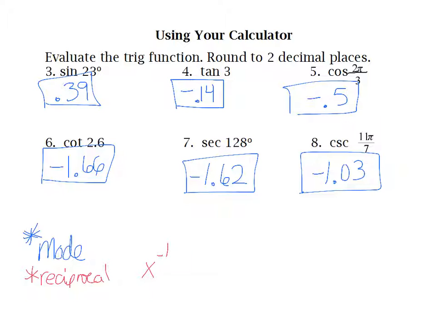On number 7, I had to switch back to degree mode, and then I did cosine of 128, then I did the reciprocal button. On number 8, I went back to radian mode, did sine of 11 pi over 7, and then I hit my reciprocal key. Always be aware of what mode your calculator is in. That's probably the biggest thing. If you start getting weird numbers, it might be because you're in the wrong mode.